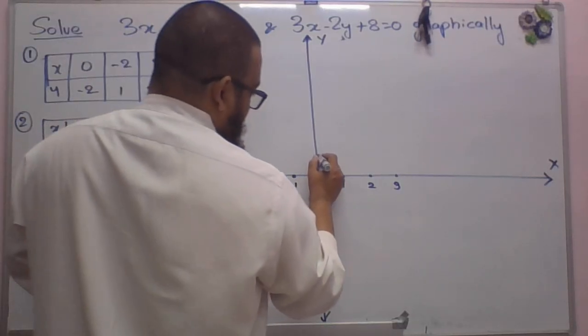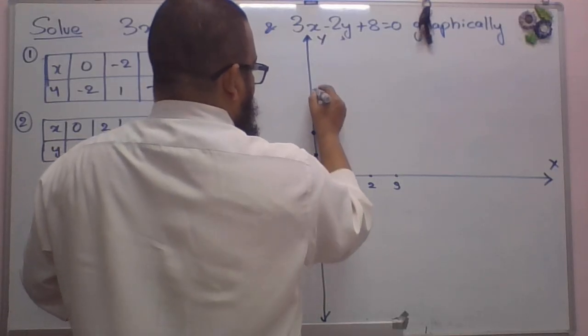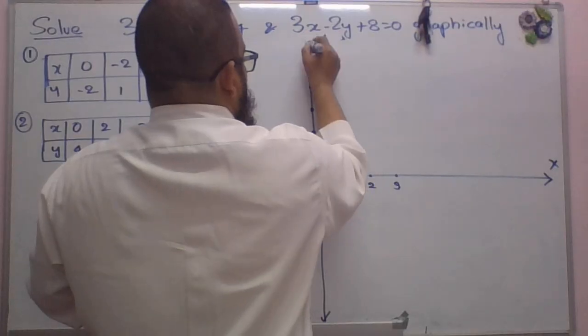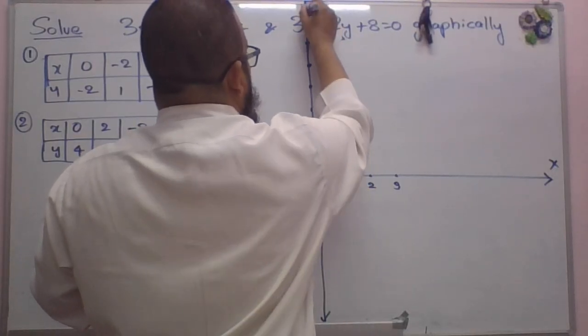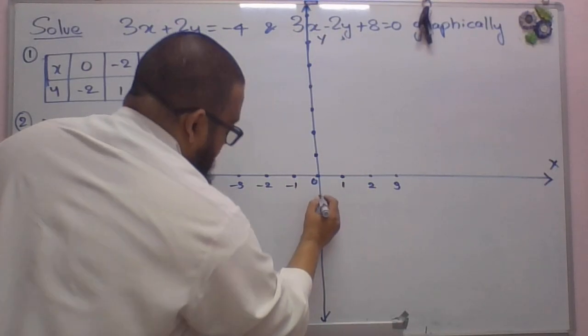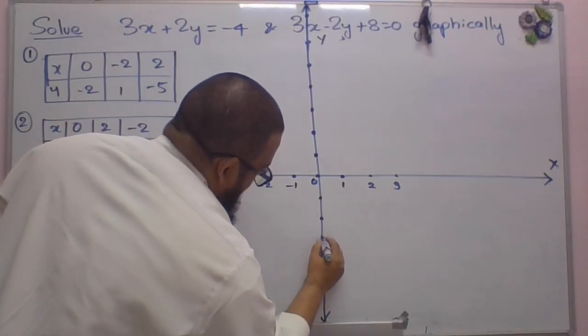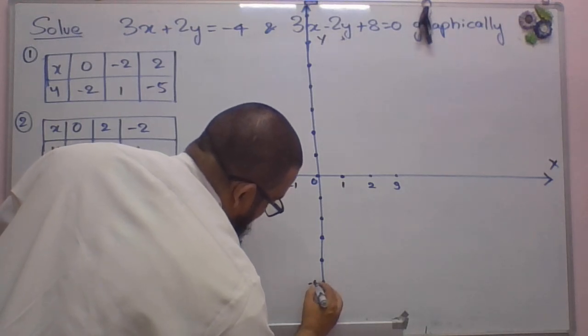So let us take 1, 2, 3, 4, 5, 6 and 7. It's not good, you have to plan before. Anyway, let us see minus 1, minus 2, minus 3, minus 4, and this is minus 5.